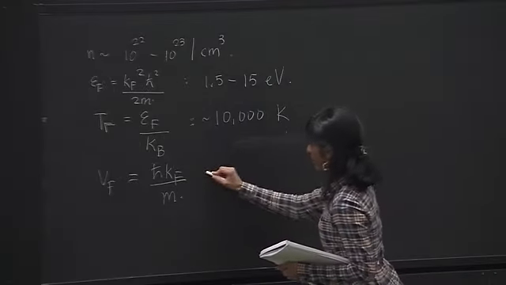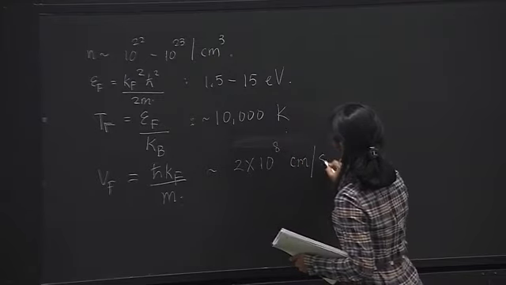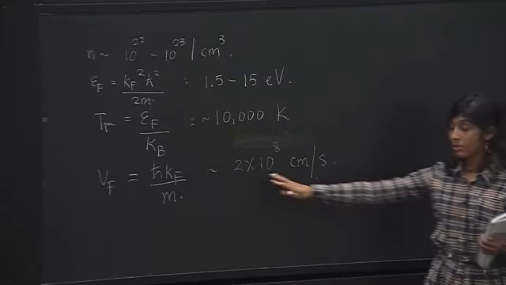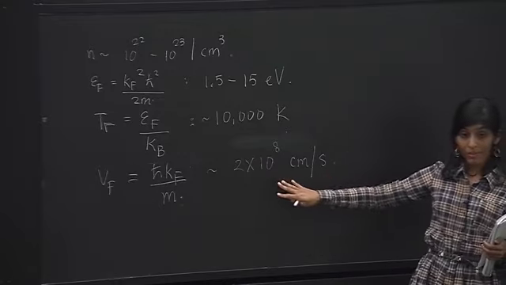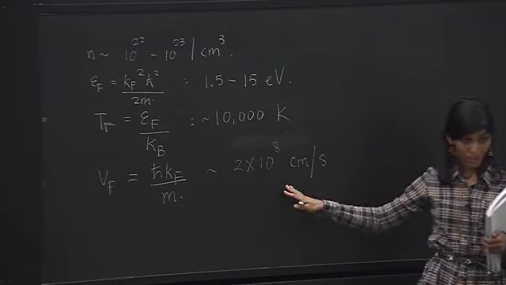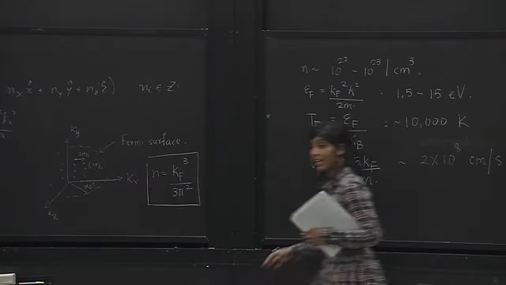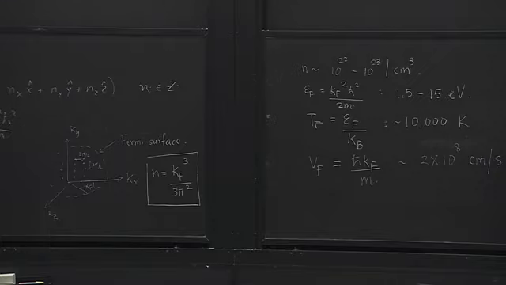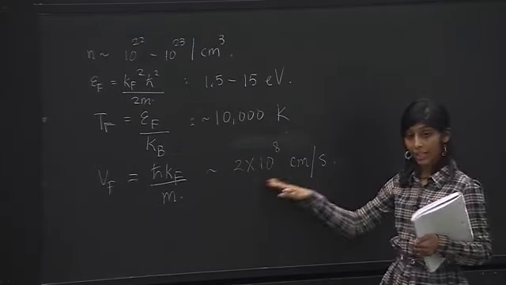And so when I plug numbers in here, I get something like 2 times 10 to the 8th centimeter per second, okay? Again, just to emphasize, this is zero temperature. I'm talking about the ground state of an electron gas, and I've ended up with a velocity for the carriers at the Fermi surface of 2 times 10 to the 8th centimeter per second.